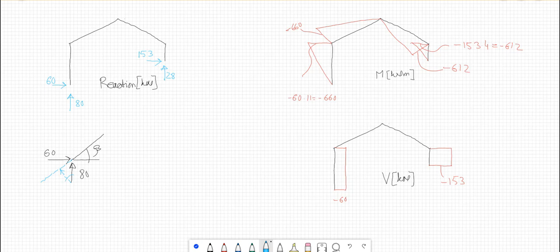So we know those two reaction forces, and we also know the angles. So we have beta and alpha. Beta is 22.6 and alpha is 67.3. So we know that this is the cosine of both.